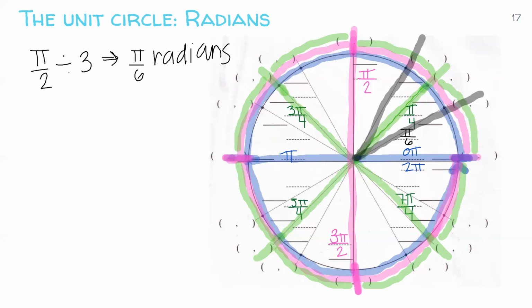We're just going to count in increments of pi over 6. So this first arc length is 1 pi over 6. The next arc length, from here to here, is going to give us 2 pi over 6. But notice that 2 pi over 6 can be reduced, which really gives us pi over 3.